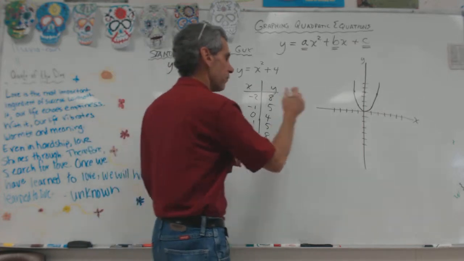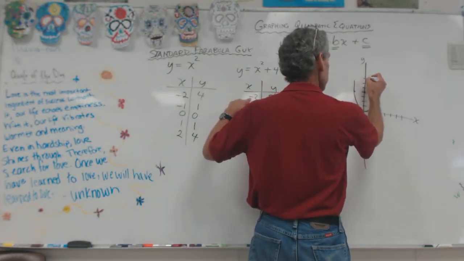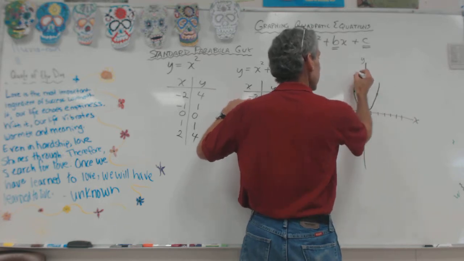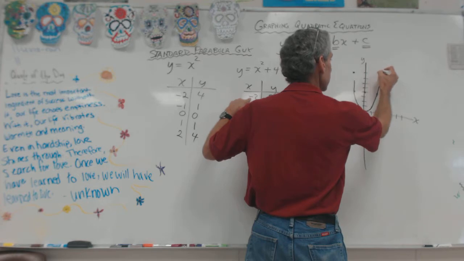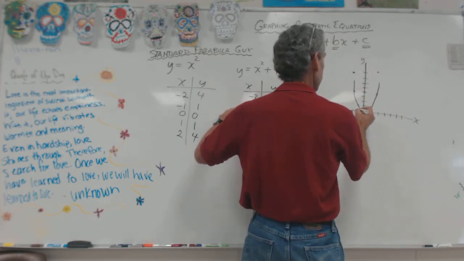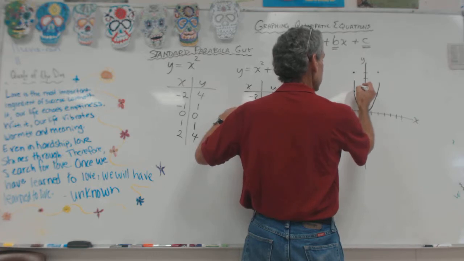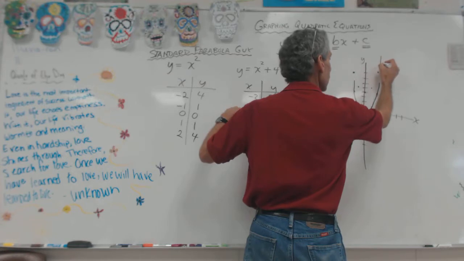Okay? So now I have to graph that. So -2, 8. -2, okay, 4, 5, 6, 7, 8. Okay, -2, 8, dot. 2, 8, dot. -1, 5, dot. 1, 5, dot. Here we go.